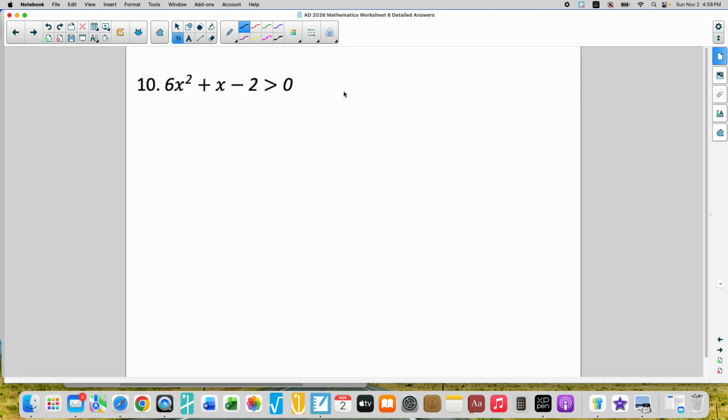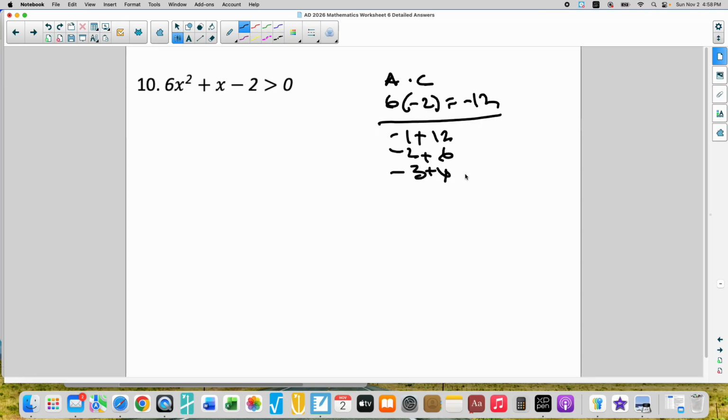We'll factor this. And so we have my A and my C. A is 6. C is negative 2. Negative 12. 1, 12, 2, 6, 3, 4. Signs are different. Bigger's positive again. This gives me my 1, so 6x squared minus 3x plus 4x minus 2 is greater than 0.